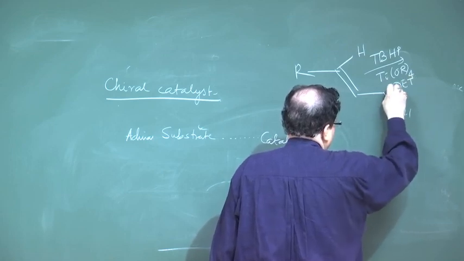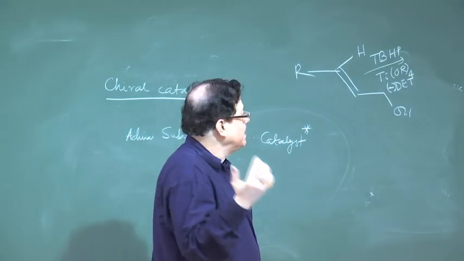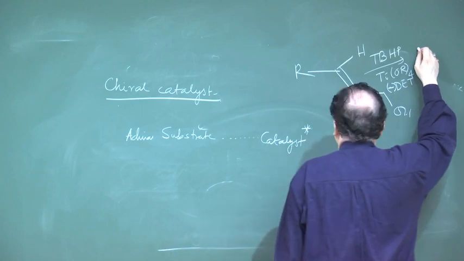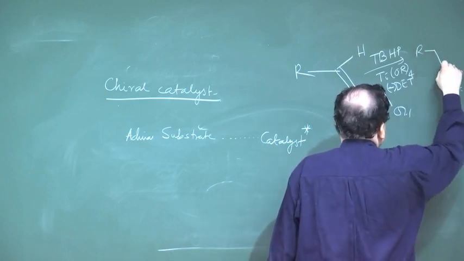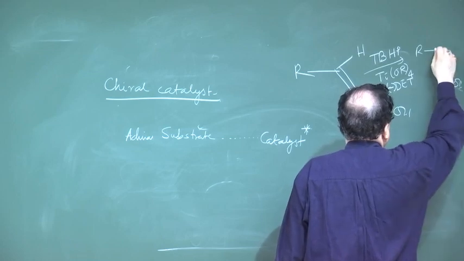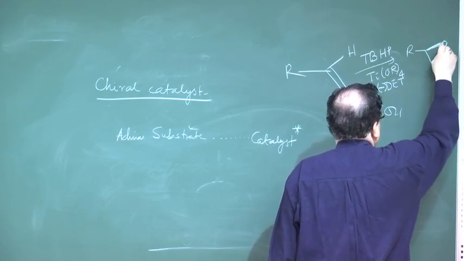Now, this diethyl tartarate can exist in plus and minus forms, that is optically active forms of tartaric acid. So, if you use minus diethyl tartarate, then the epoxide will come from the beta face.